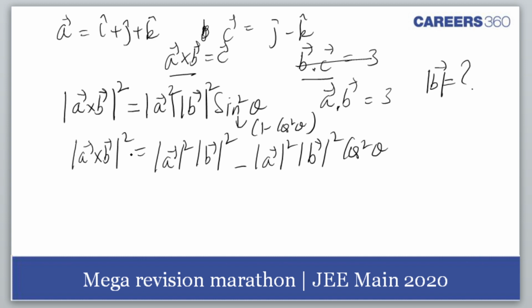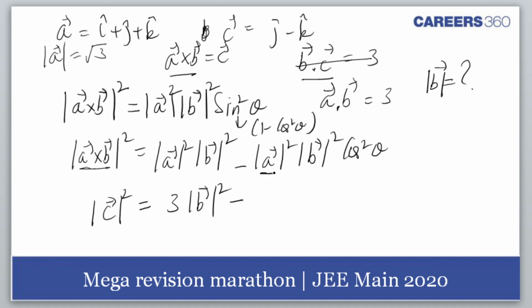Now A cross B is C vector, so I can replace this by C. Mod C square is equal to mod A square mod B square minus. Can somebody answer me what is mod A square? So mod A is 1 square plus 1 square plus 1 square, that is root 3. So mod A square would be 3 mod B square minus. Can somebody tell me what is this? Is this not A dot B whole square?